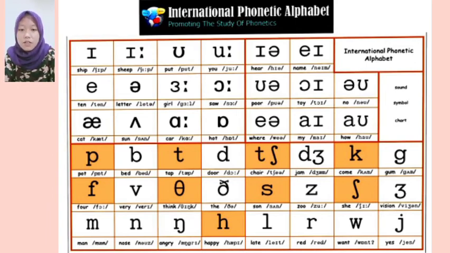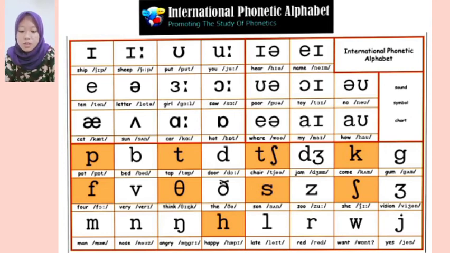The next one is v sound. The example is very. The next one is th. The example is thing. The next one is th. The example is the. The next one is s.